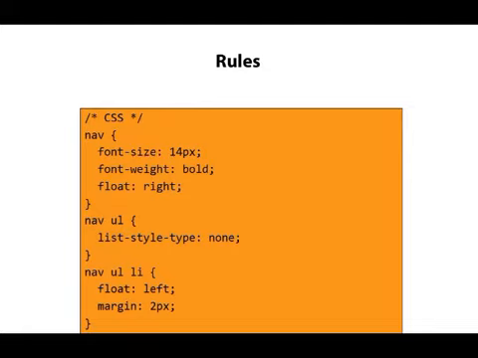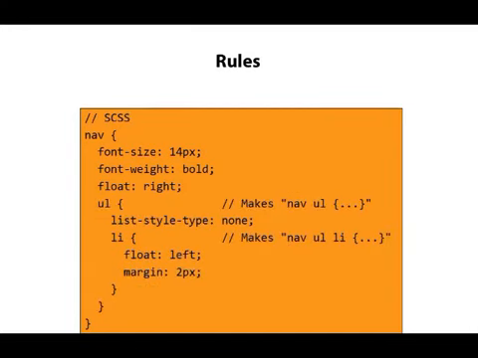Here we have a navigation container that has some properties. Here we have inside that navigation container an unordered list, or UL element, that we're specifying that there's no list type. And then finally, for each list item in that unordered list, we're specifying some properties. What SASS allows us to do is really change this into a structure of a hierarchy.